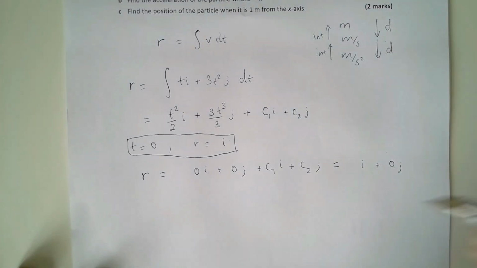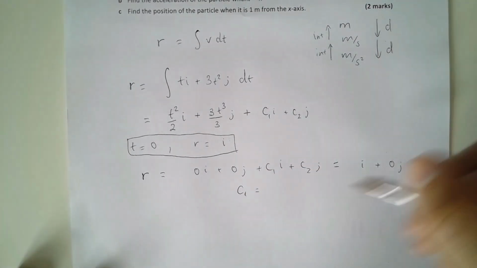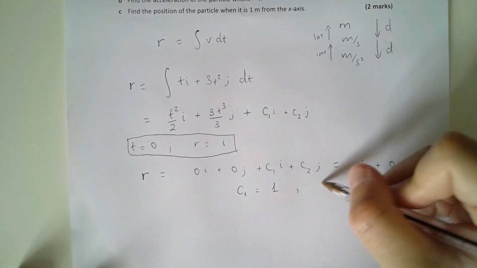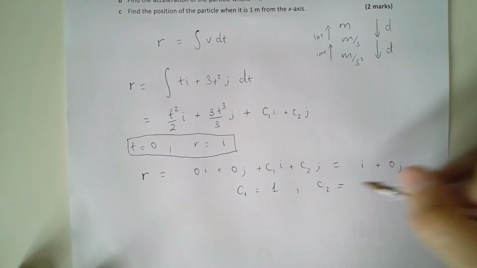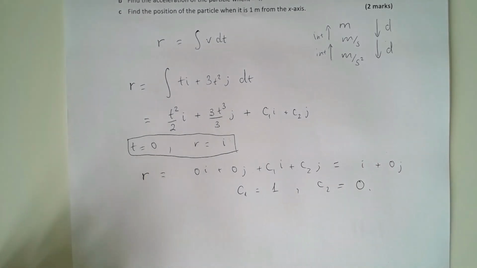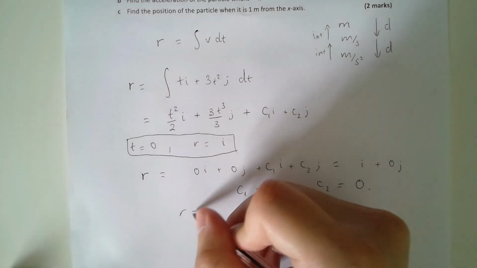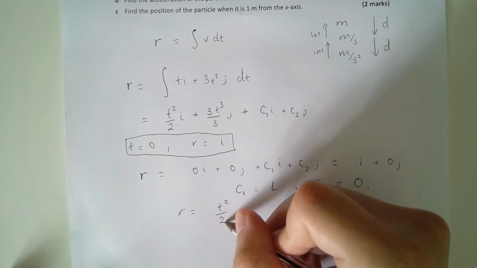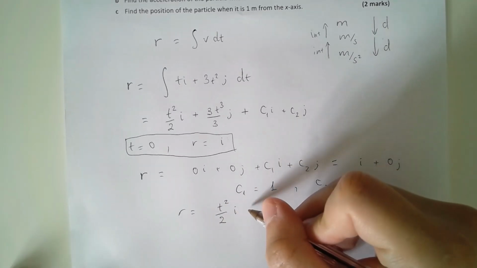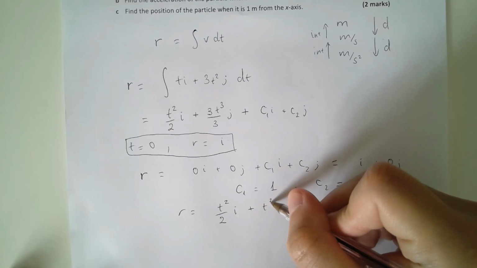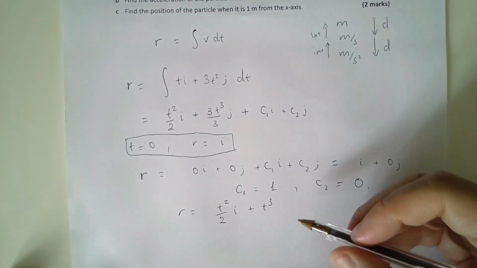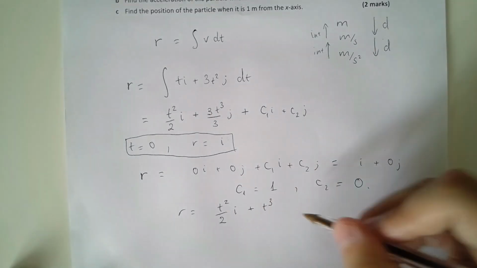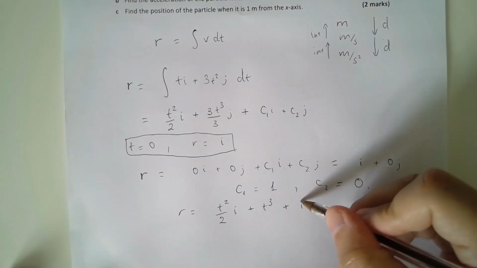So therefore c1 equals 1 and c2 equals 0, and we're done. Therefore r equals t squared over 2 i plus t cubed, because the 3 cancels the 3 on the top there, and add i.